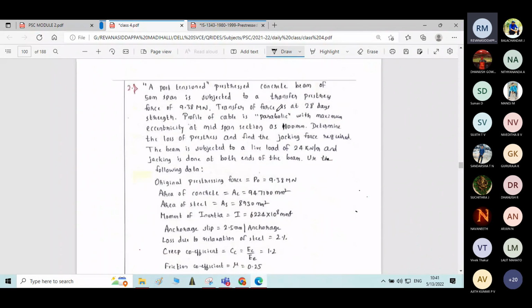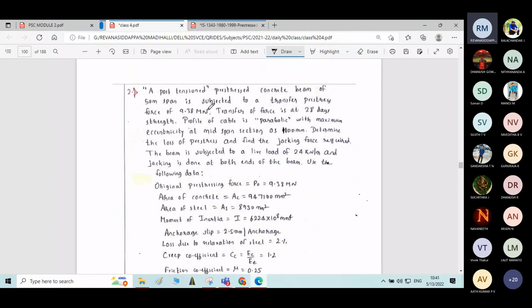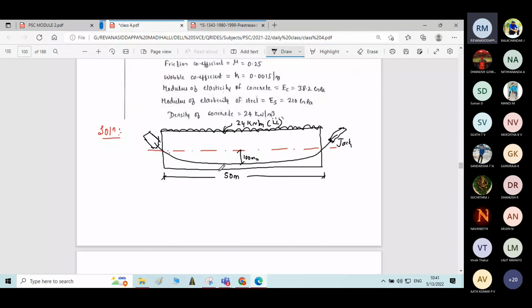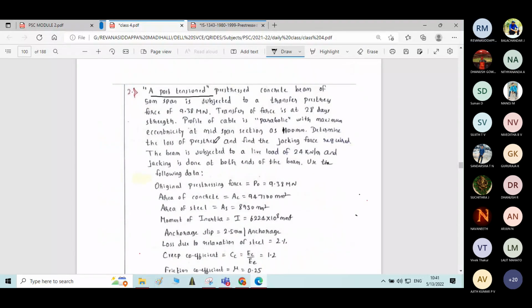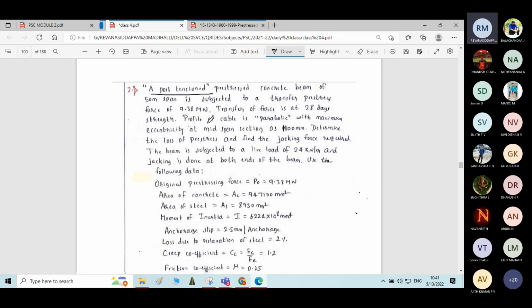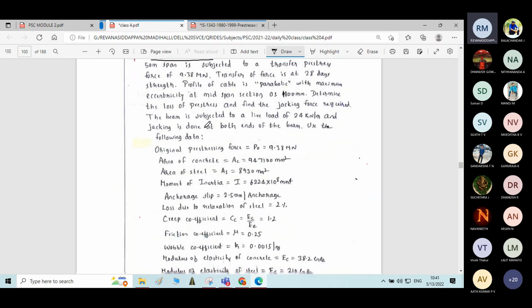Just go through it. A post-tensioned pre-stressed concrete beam. The type of member is a post-tensioned concrete beam, of span 50 meter. The length of the beam is 50 meter, and it is subjected to a transfer pre-stress force of 9.38 meganewton.